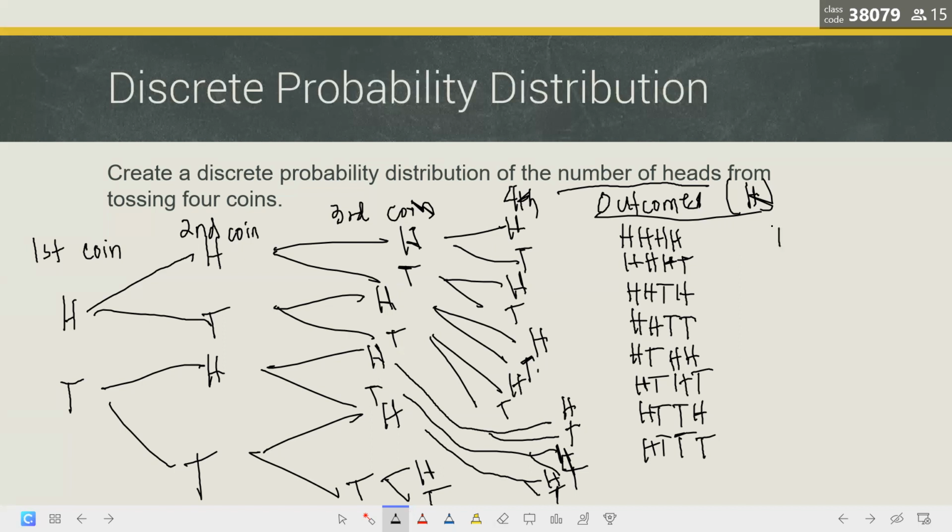And then we have tail, head, head, head, tail, head, head, tail, tail, head, tail, head, tail, head, and tail, head, tail, tail. And then tail, tail, head, head.